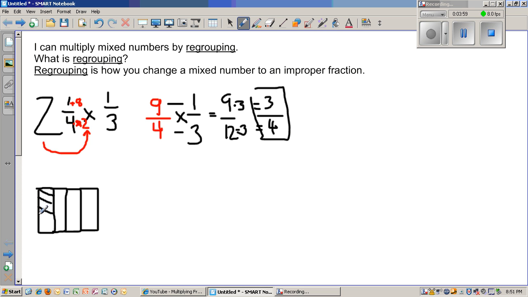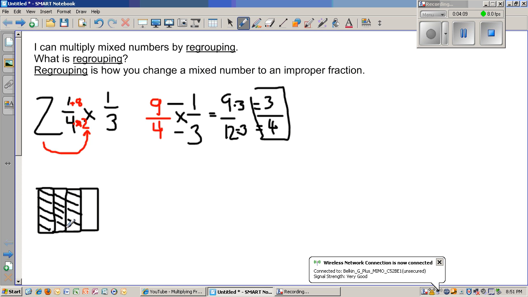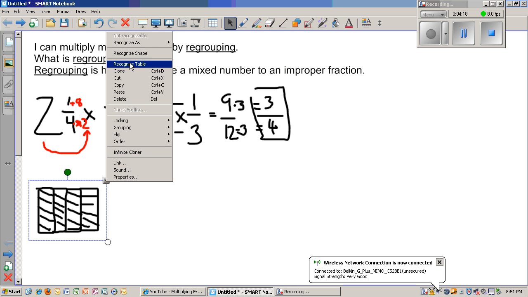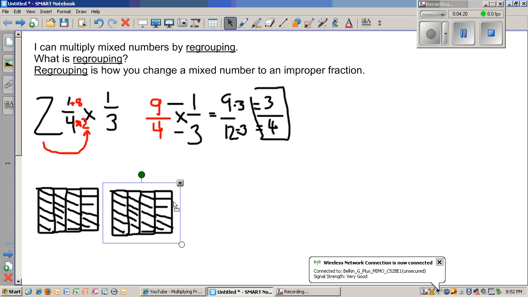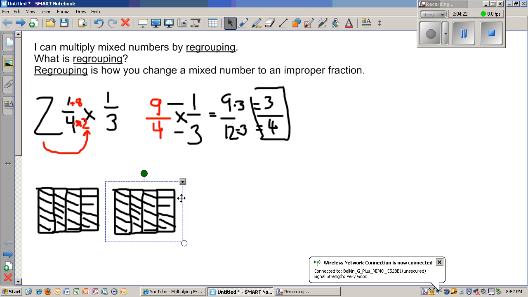So we're going to make this into one whole. We know that 4/4 is going to equal one whole. Okay, so this is one whole, right? Okay, so now this is 2, right?